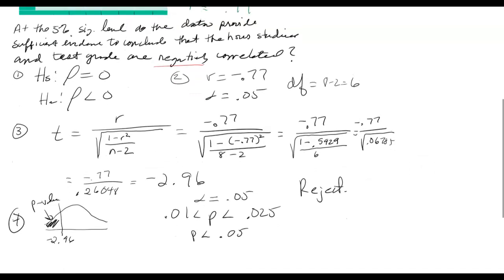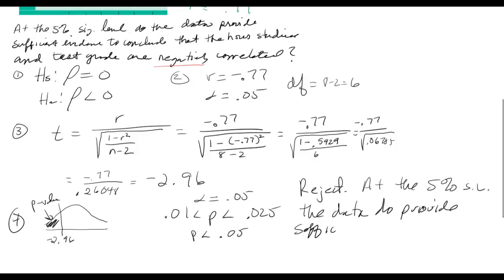And we can state that at the 5% significance level, the data do provide sufficient evidence to conclude that the hours studied is negatively correlated to your test grade.